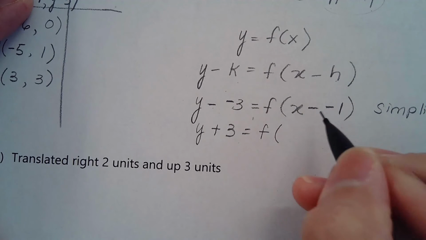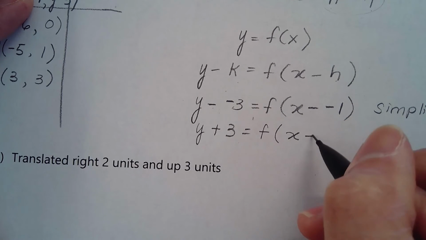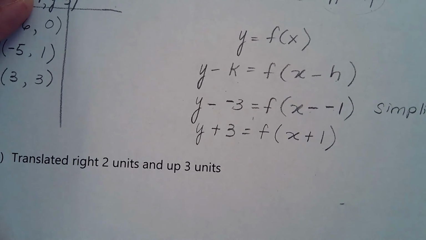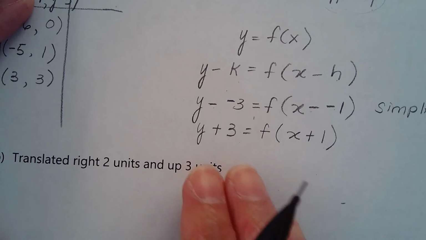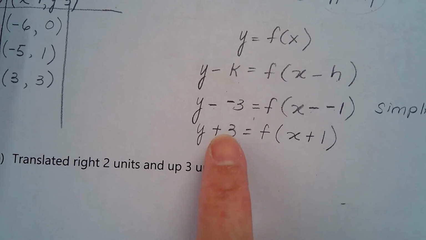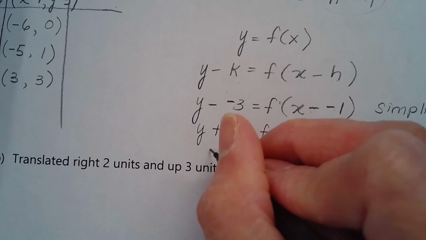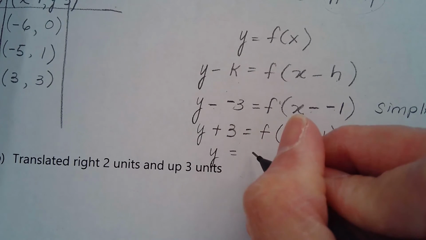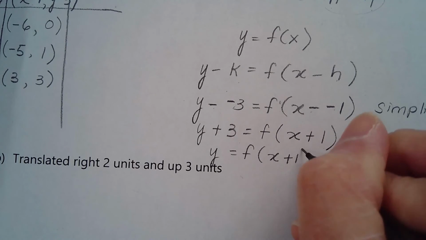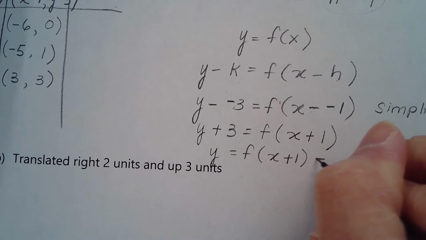F of x plus 1, because a negative and a negative will become positive as well. Now if we want to have the y on its side by itself, we can take this to the other side and we can say y equals f of x plus 1 minus 3.